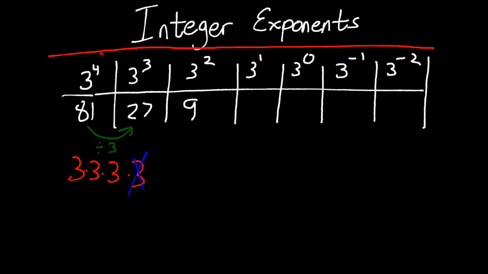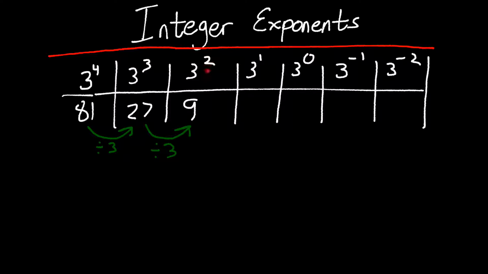To go from 3 to the 4th power down to 3 to the 3rd power, I have to divide by 3. I got to get rid of one of those 3's that I multiplied by. And the pattern continues. If I'm going to go from 3 to the 3rd power to 3 squared, I once again have to divide by 3.